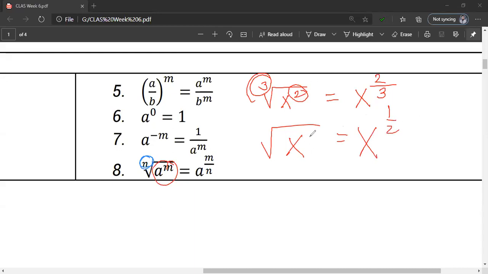Kasi po class, remember, technically, any number has an exponent of 1. And, di ba, sa radical sign, may 2 yan dyan na imaginary. Hindi naman imaginary kasi nandyan siya, pero hindi na sinusulat kasi considered na pag square root, wala ng 2. So, yan siya. Kaya, 1/2. Okay?